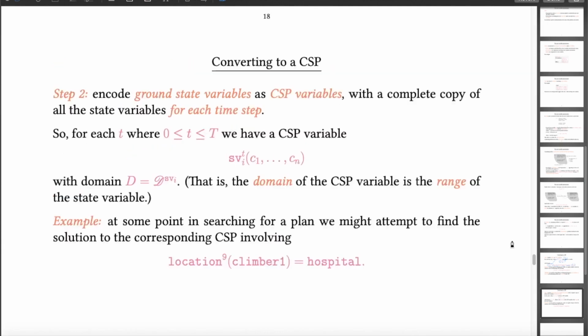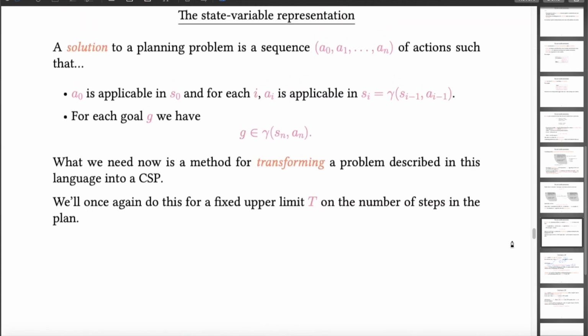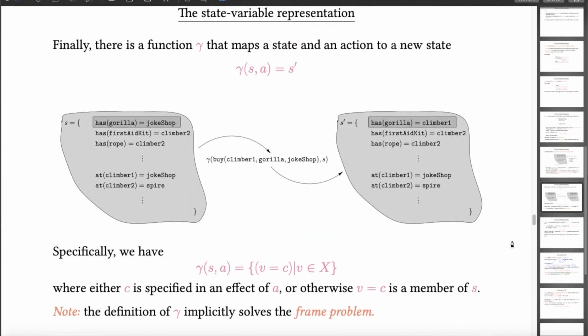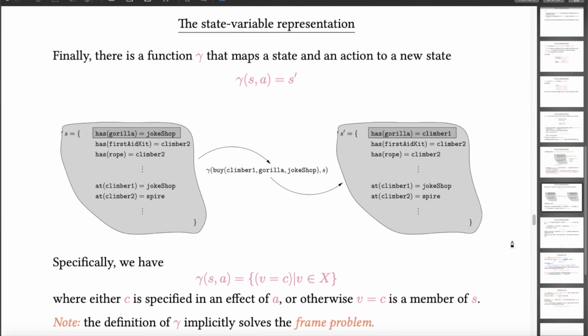Okay, let's just go back a little again. A state is defined by specifying an actual value for each ground instance of a state variable. So let's say the state on the left here is at time t, and the state on the right is at time t plus 1.